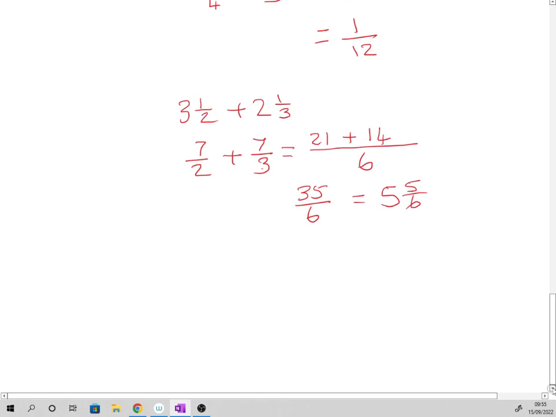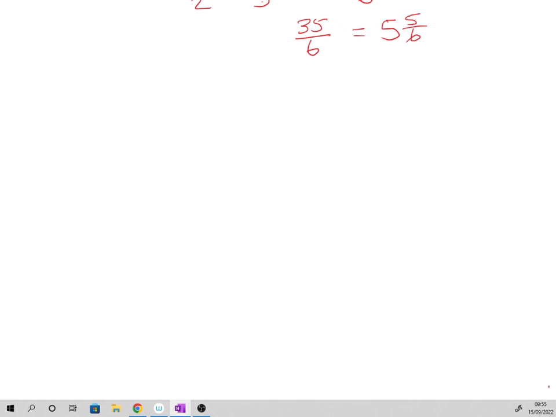Now the only other way of doing this, if it's simple enough, you've got 3/8 plus a quarter. If you can see that one number is a double of the other, all you need to do is double the quarter to make the numbers at the bottom match.